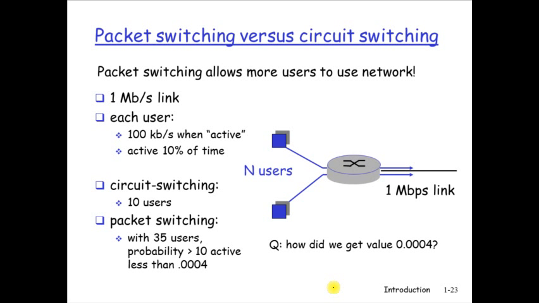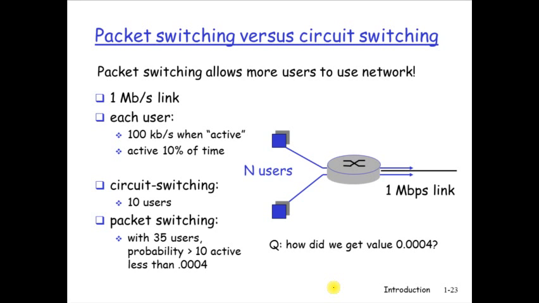We want the probability that there are 10 or, let's say, more users active at the same time. Think about it. If at one time we have more than 10 users, we have performance congestion, right? But if it's below 10 or equal to 10, we have no problem at all.